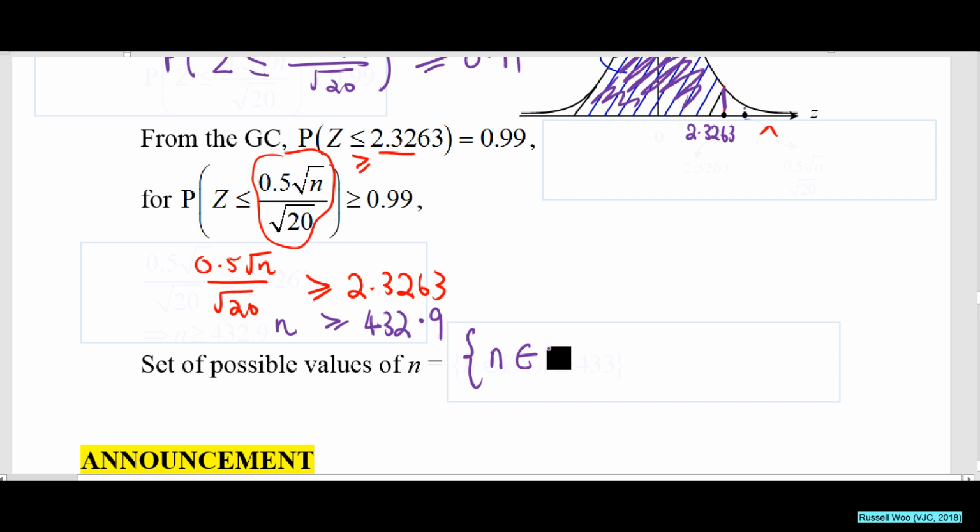Not just real. n must be an integer, because n is the number of samples. n must be an integer such that n is larger than or equal to 433. Because you want n to be larger than 433. All good?